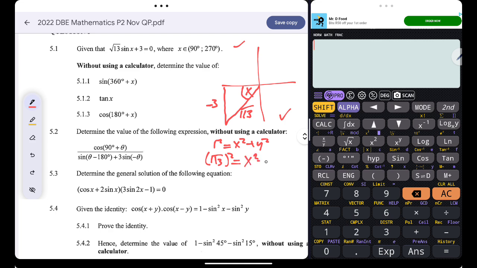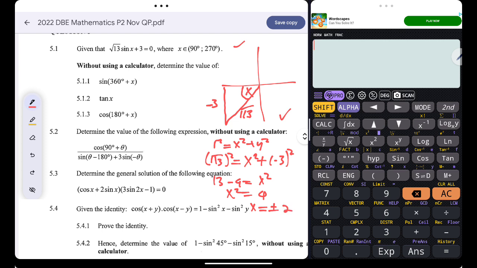We don't know the value of x, but y is negative 3, all squared, right? So this will give us 13 minus 9, which will be x squared, and then x squared is equal to 4, then x is plus or minus 2.